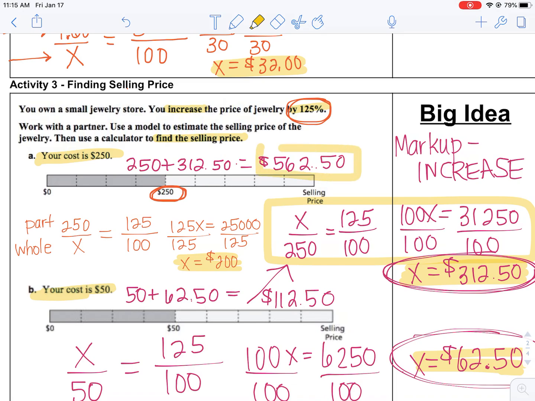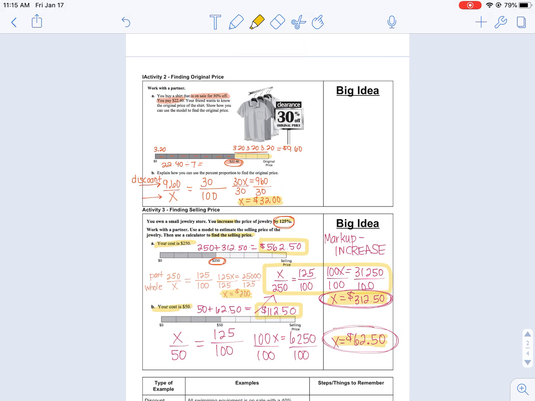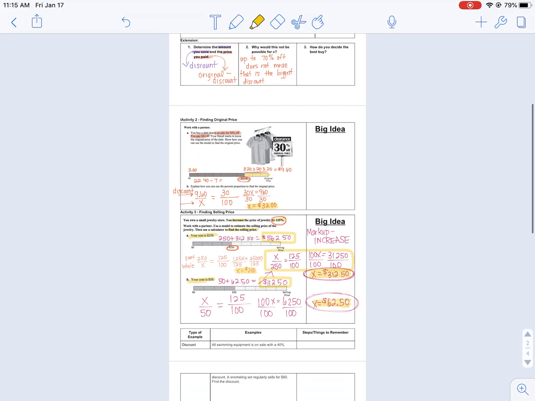So final costs for each item. So again, markup means to increase the price, discount means to decrease. So there's two steps to everything. We find the amount that comes off with a discount and then we take it away. With a markup, we find out what the increase is and we add it onto the price.